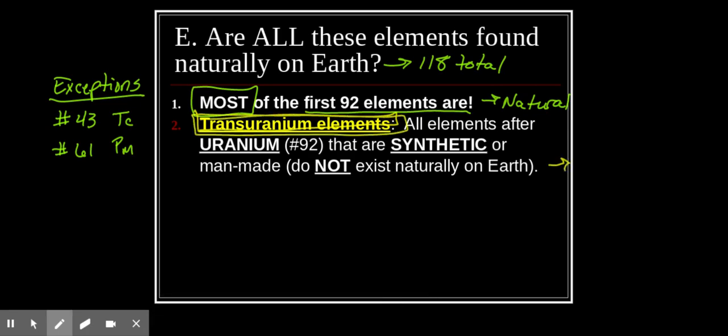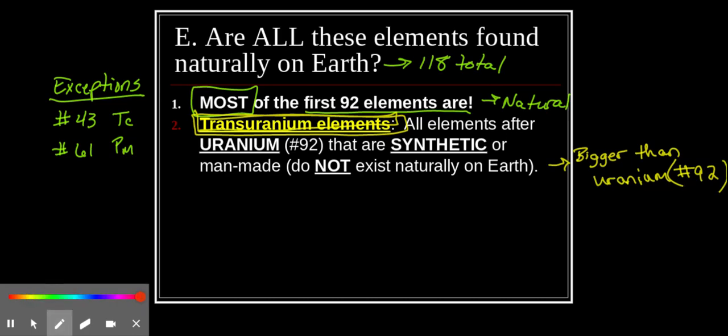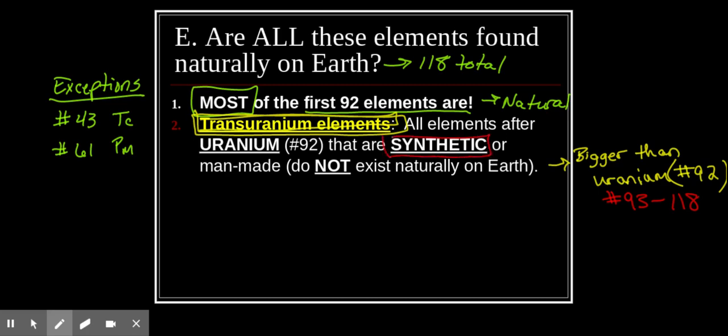Basically, transuranium means anything bigger than uranium, which is number 92. So this is basically numbers 93 through 118. Now these are synthetic, which means they are man-made.